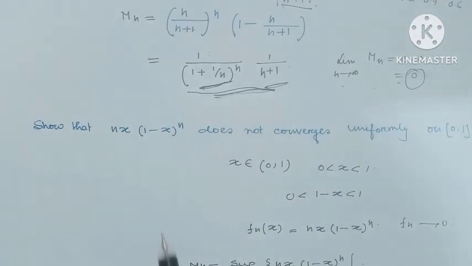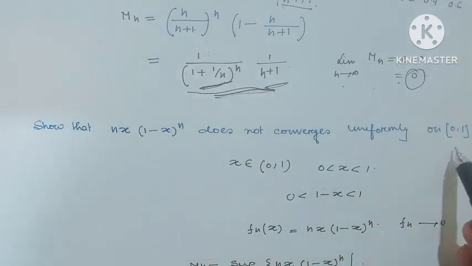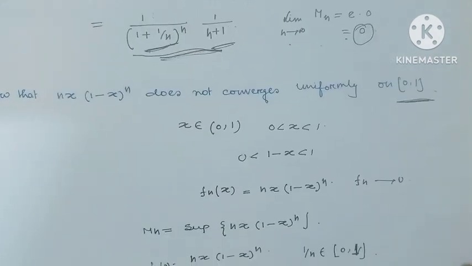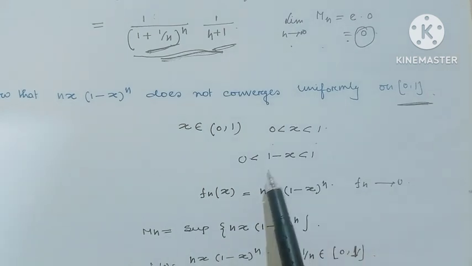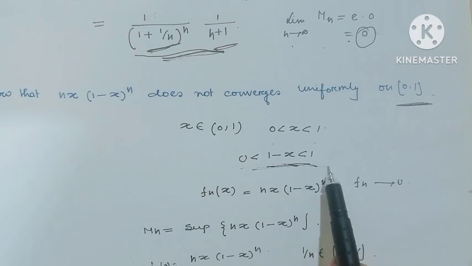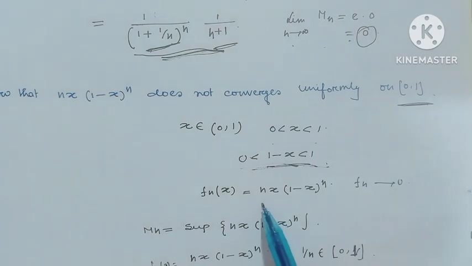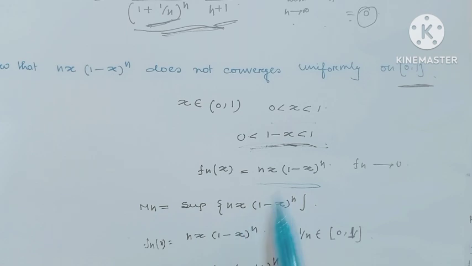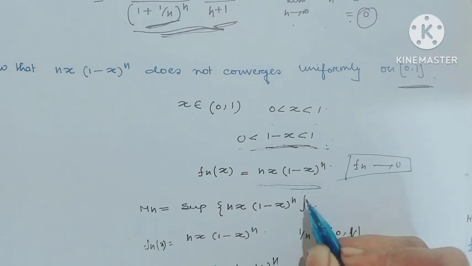But if we consider this sequence of functions nx times 1 minus x to the power n, this does not converge uniformly on the closed interval [0, 1]. Since x lies in the open interval (0, 1), that means 1 minus x also lies in the open interval (0, 1). If we consider the sequence of functions nx times 1 minus x to the power n, and the supremum value, since fn converges to 0, then Mn equals the supremum of this function.